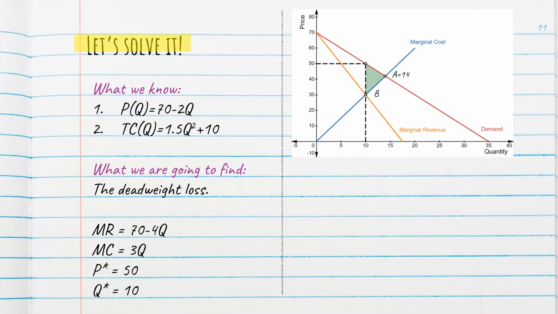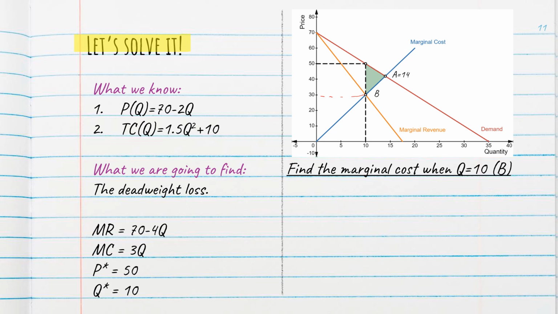We also need to find the value of B. B happens to be the point along the marginal cost curve where output is 10. I can see that from the dotted line associated with the profit maximizing quantity for the monopolist. So I track that line up. I see that I need to know this point right here, the point where marginal cost, we need to find the marginal cost when quantity is 10.